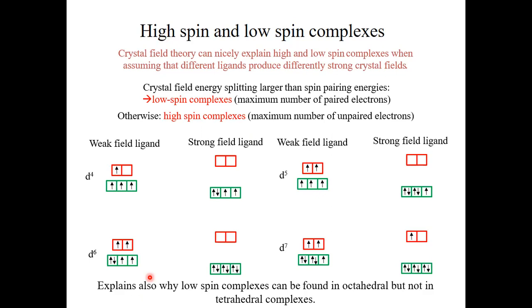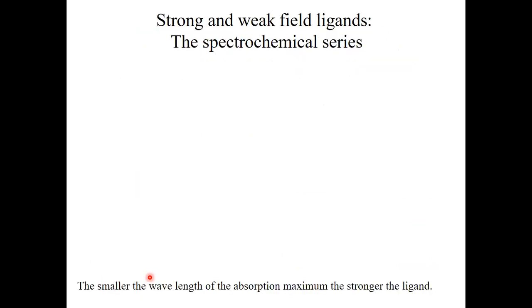Okay, now from that you can see that our crystal field theory, with basically just very few assumptions, can nicely explain magnetism in complexes, but it cannot only explain magnetism, it can also explain optical properties.